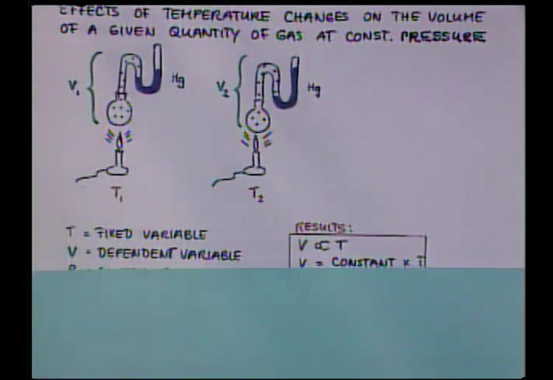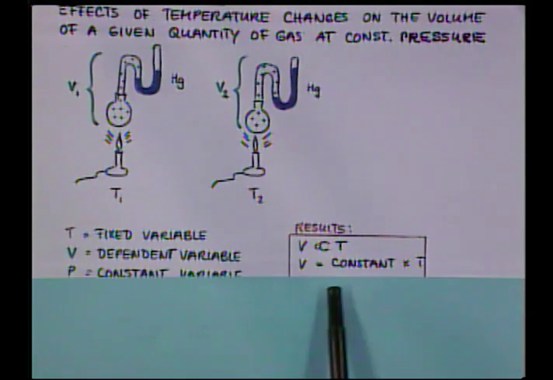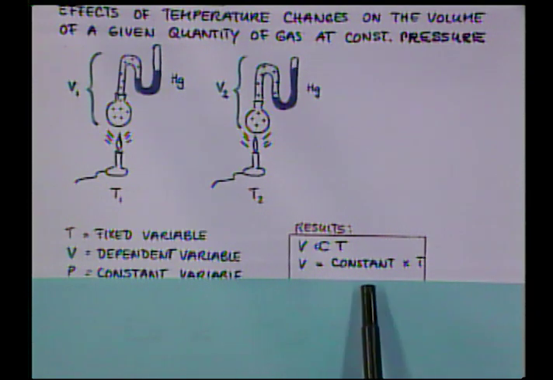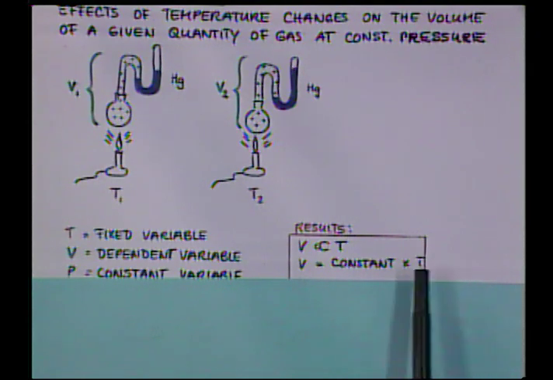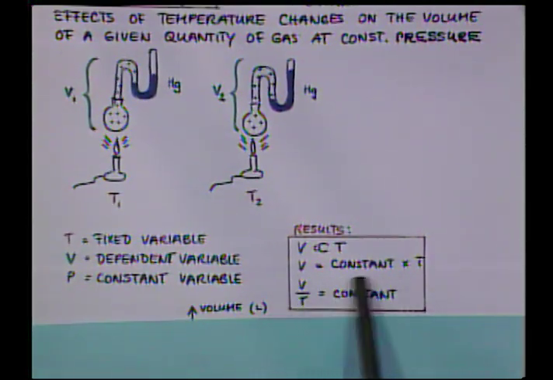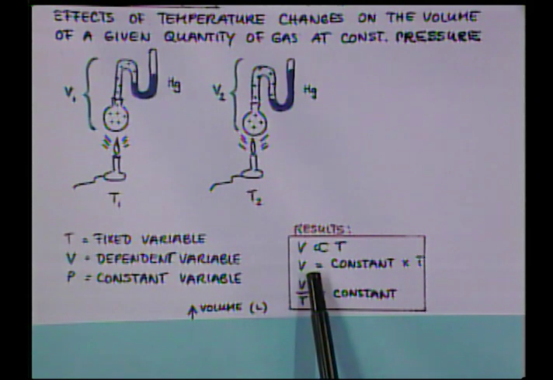We cannot make an equation out of this yet and use it for calculations. We need what we call a proportionality factor, which we often call a constant. So V equals a constant times the temperature. So then we can make an equation out of that. Or we can also rearrange this equation a little bit, so we have V over T equals constant.